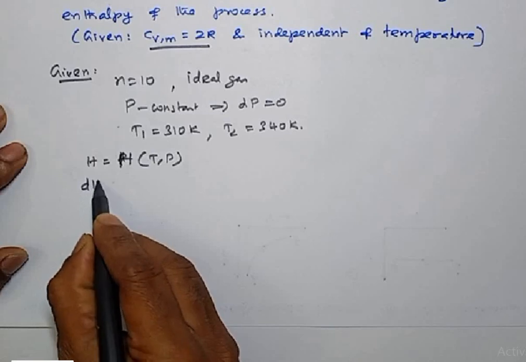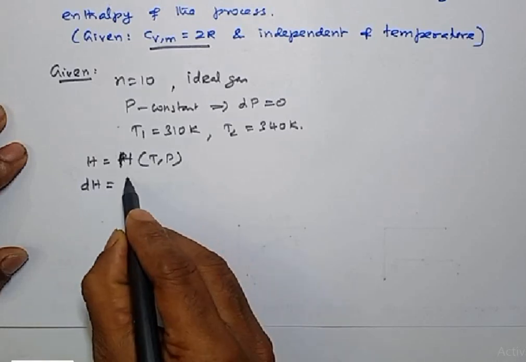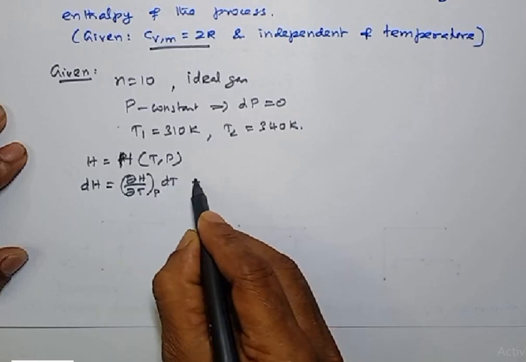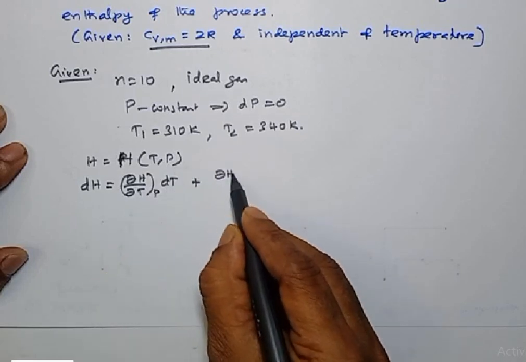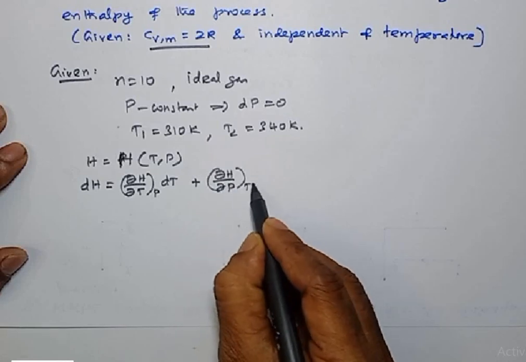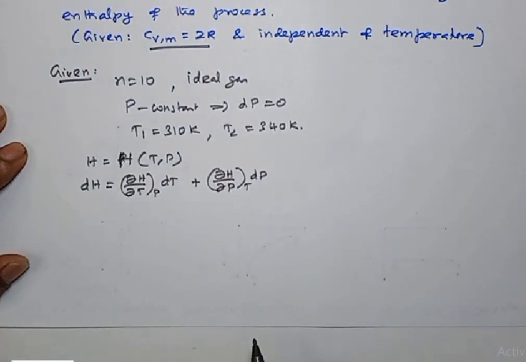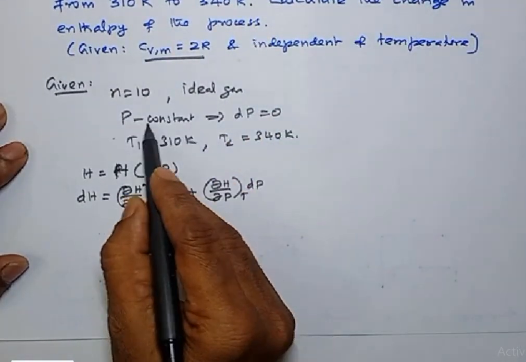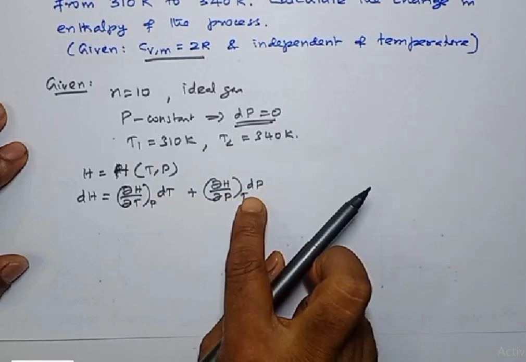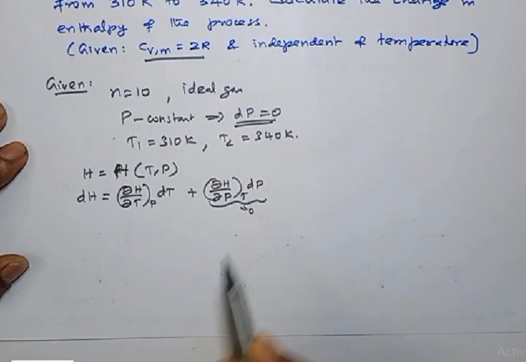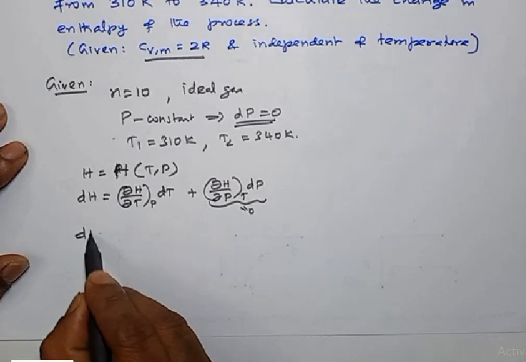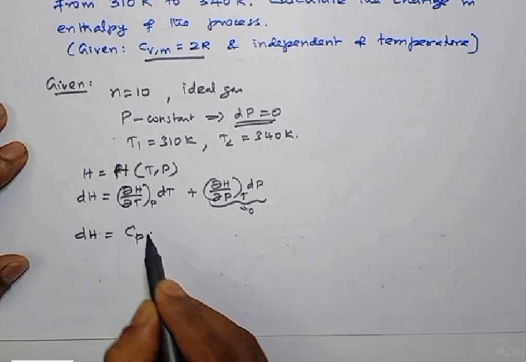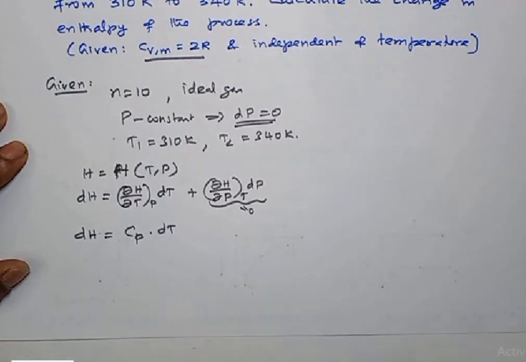So change in enthalpy arises either due to temperature, dou H by dou T at constant pressure into dT, or due to change in pressure, dou H by dou P at constant temperature into dP. Now, in this case, it is clearly isobaric, pressure is constant, so dP is 0. If dP is 0, then this term becomes 0, so I can write dH is equal to, and remember, dou H by dou T at constant pressure is nothing but Cp. So it is nothing but Cp into dT.